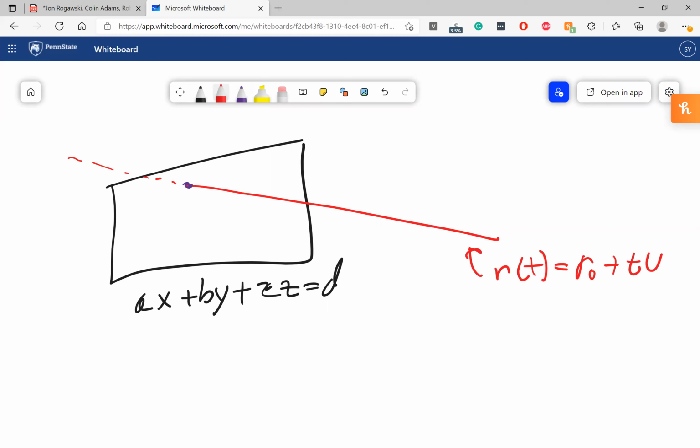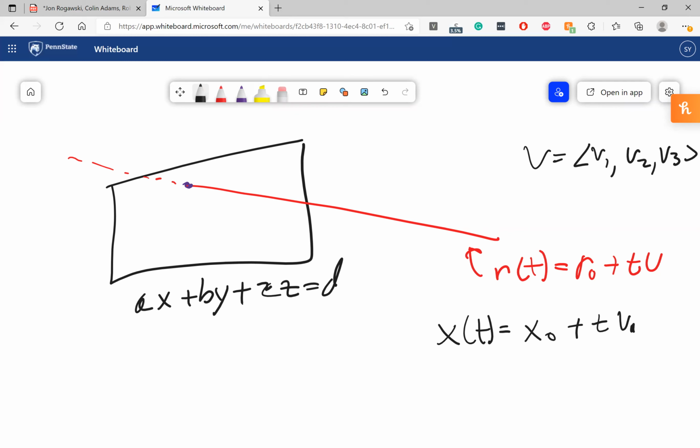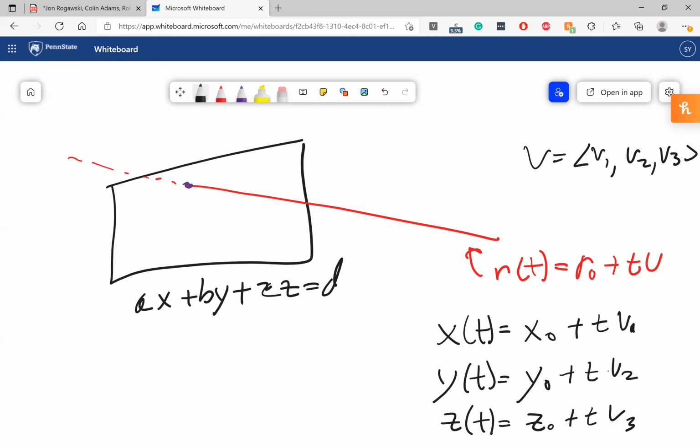So what we can do is rewrite the equation of the line in terms of x(t) is equal to x0 plus t times v1, where we take v to be v1, v2, and v3. y(t) is equal to y0 plus t times v2, and z(t) is equal to z0 plus t times v3.